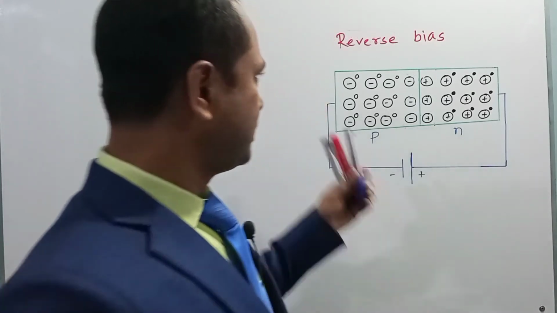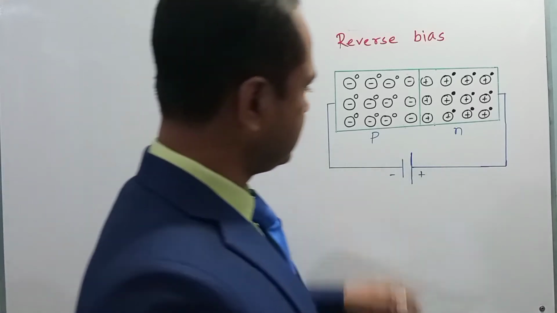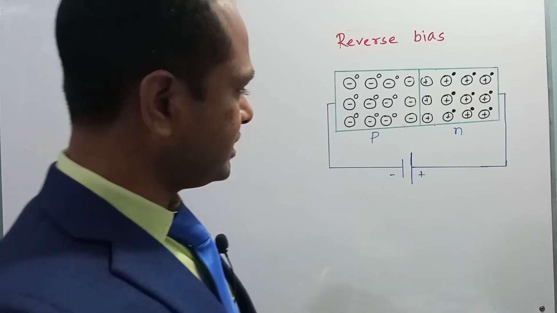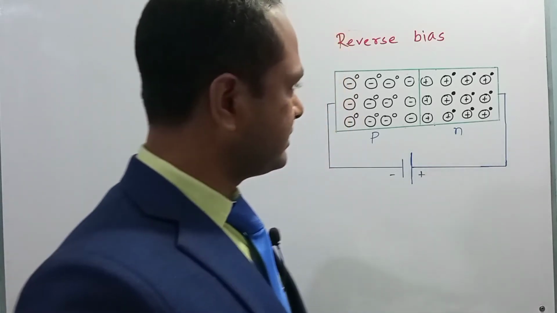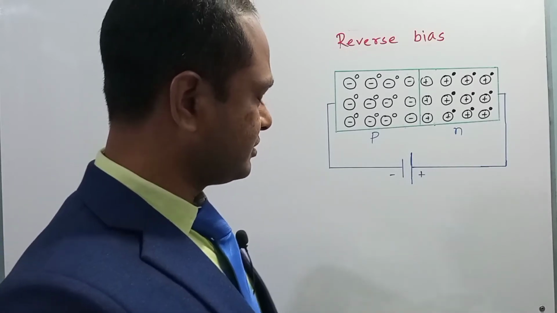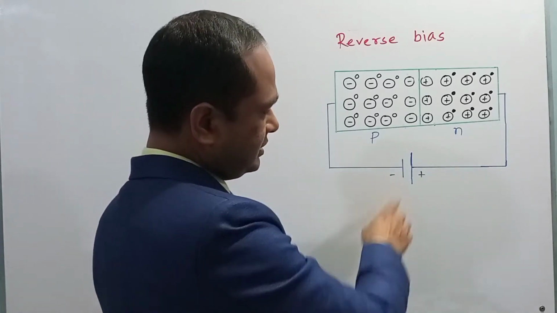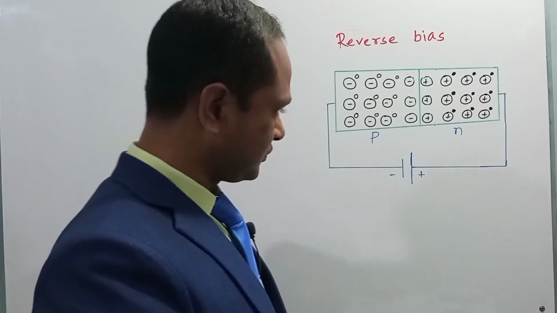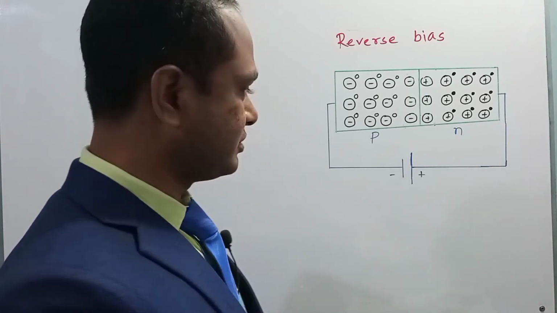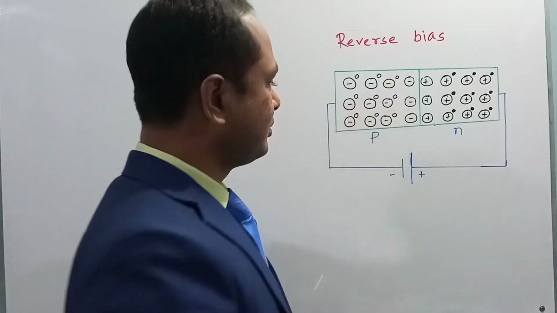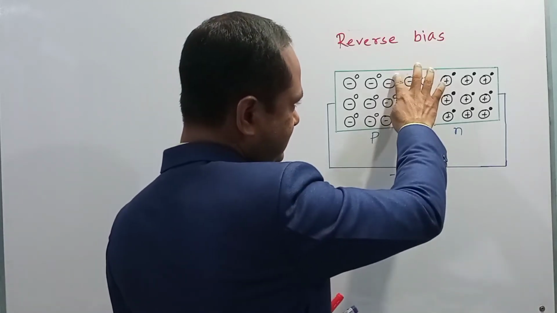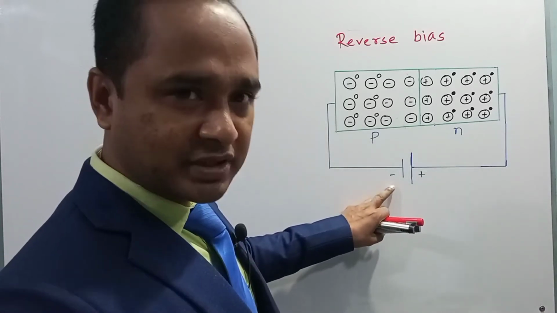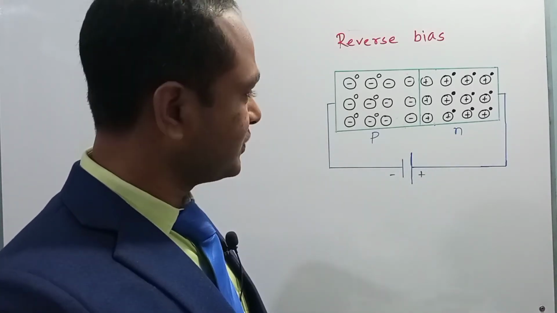Now we will see what reverse bias is. If the negative pin of a cell is connected with the p-type semiconductor of a p-n junction and the positive pin is connected with the n-type semiconductor, then the negative end of the cell will provide electrons. The provided electrons will fill up the holes in the p-type semiconductor, that is, some of the holes will be filled up or balanced by the electrons from the negative end of the cell.